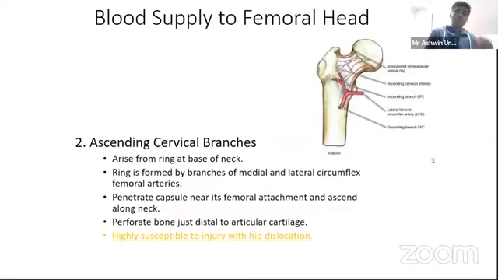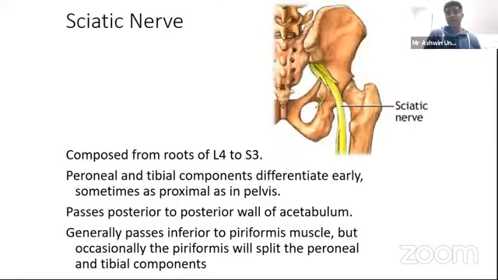Now, one has to always think about the sciatic nerve. Whenever I have a hip dislocation, a primary one or one from a hip replacement, I always worry about the sciatic nerve. It is the first thing I would check, whether it is affected or not.